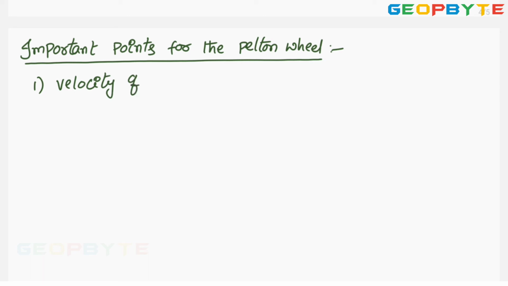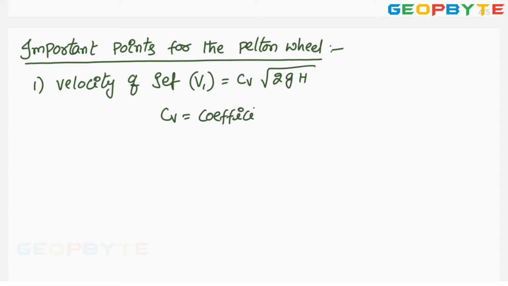V1 equal to Cv into square root of 2 g H, where Cv is the coefficient of velocity. This coefficient of velocity varies from 0.98 to 0.99.